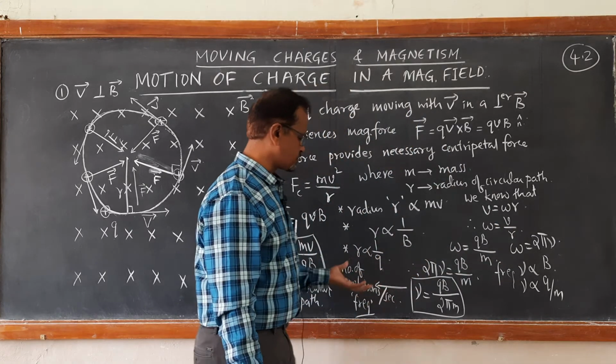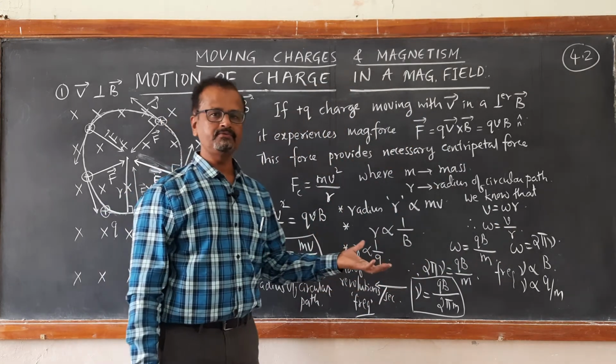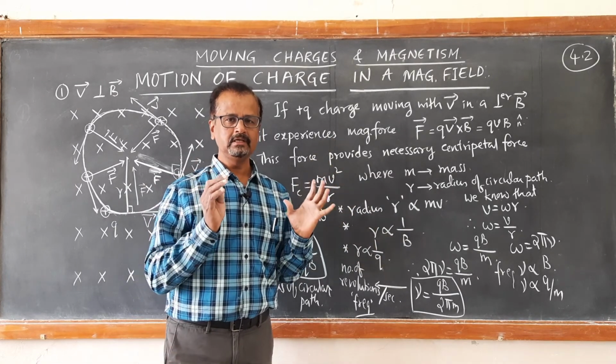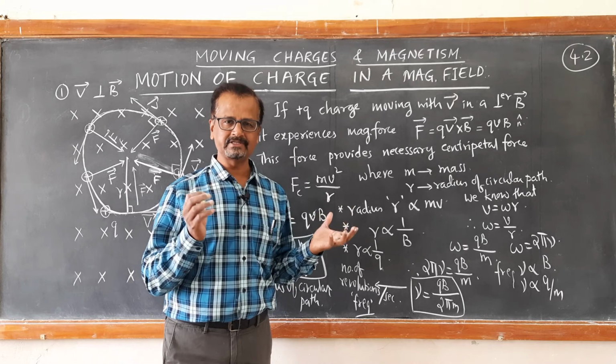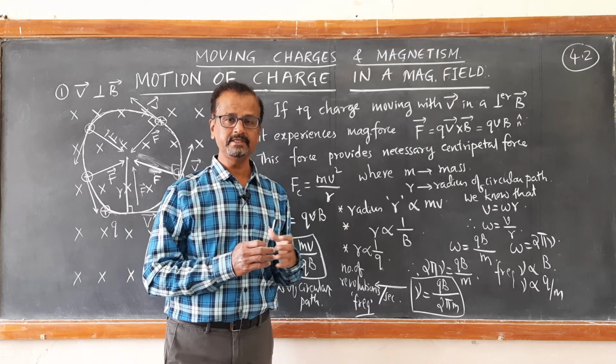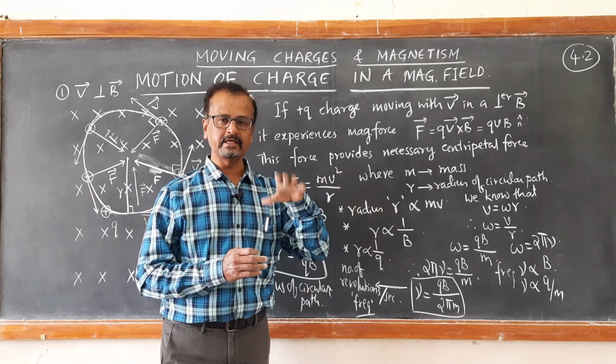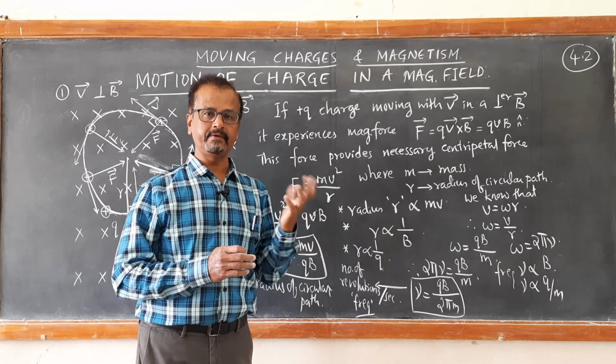So this actually becomes the principle of what is known as the cyclotron. A cyclotron is a particle accelerator in which positively charged particles get accelerated to higher and higher velocity.